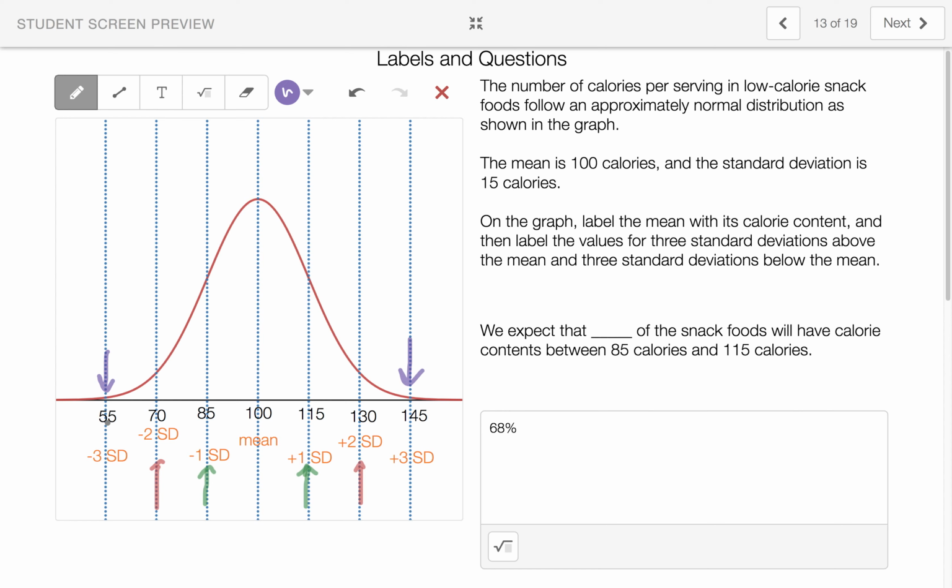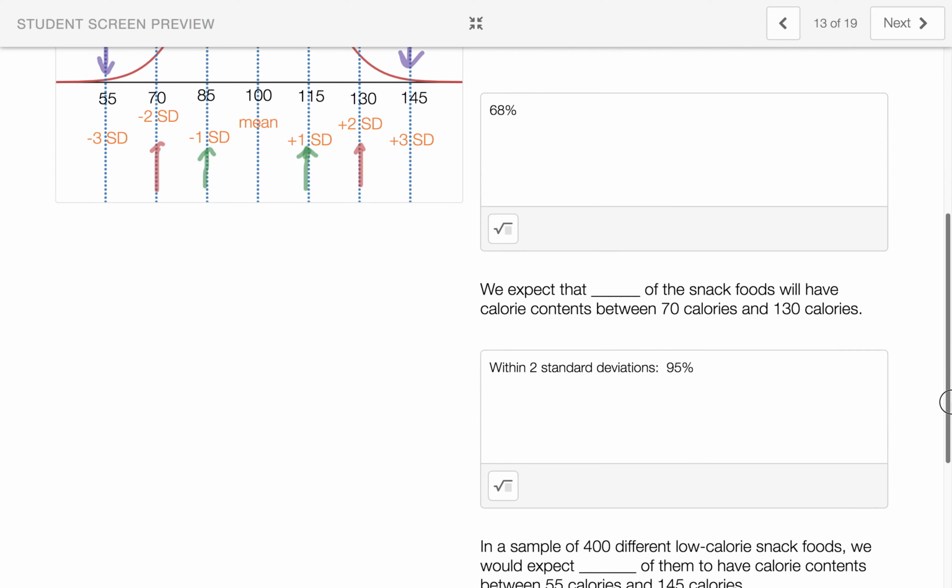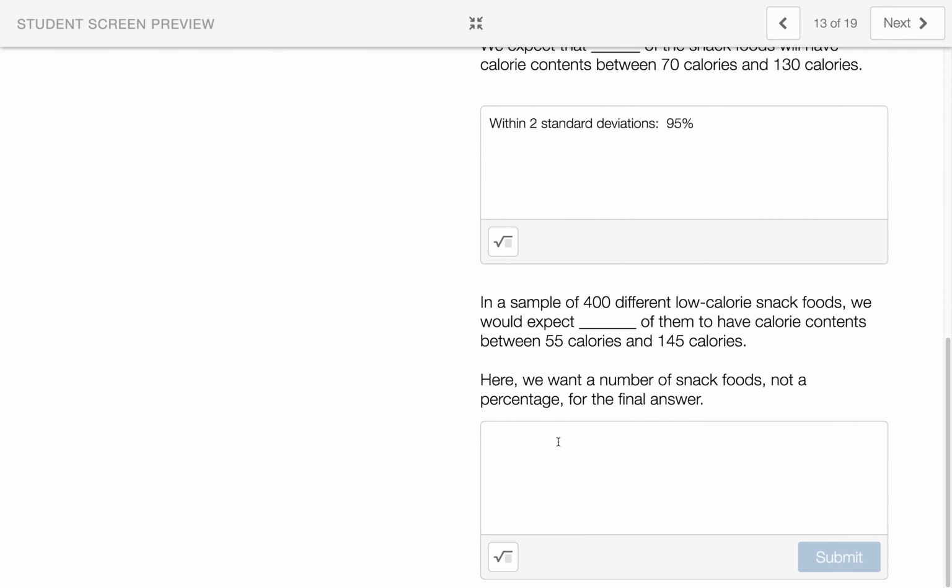So this question involves being 3 standard deviations below the mean to 3 standard deviations above the mean, and that means we need to be within 3 standard deviations. And the percentage for that was 99.7%.